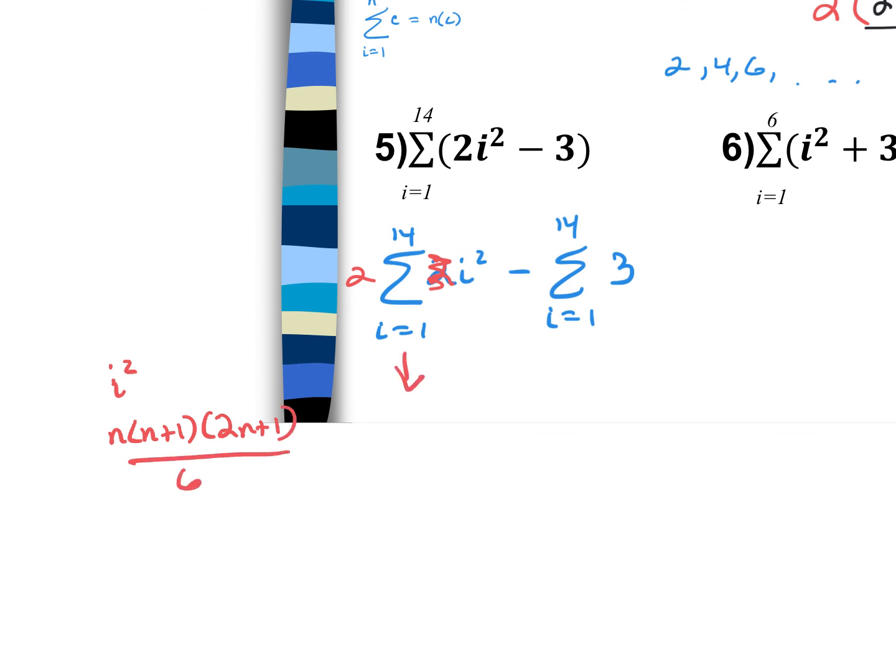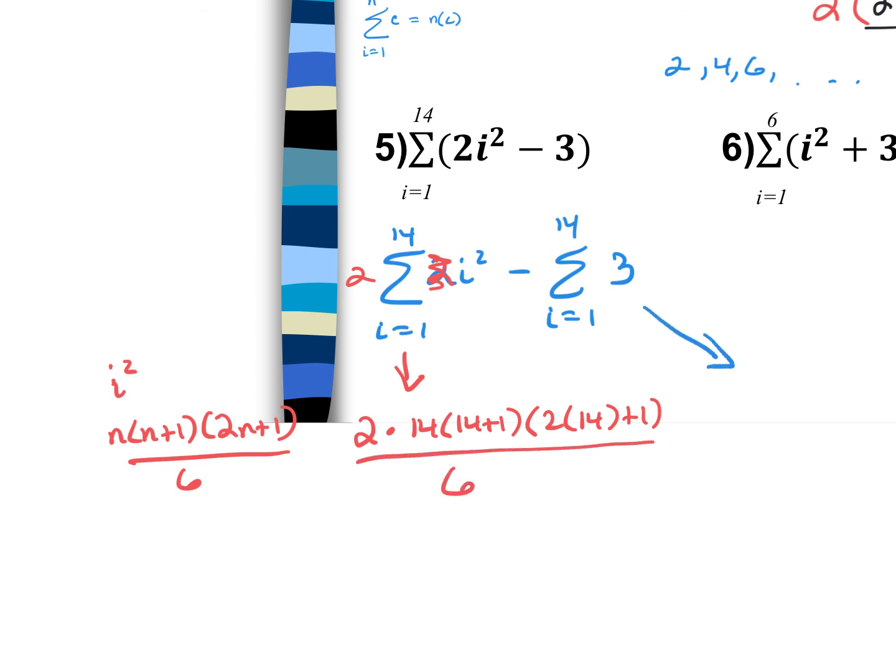So for this one, I've got the 2 in the front, and then my n is 14. 14 plus 1, 2 times 14 plus 1 divided by 6. And then for this one, it's a constant. So here I'm just doing the n times c. So I'm going to be doing 14 times 3.